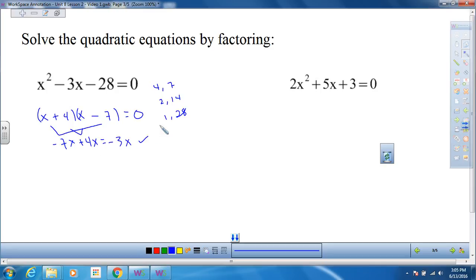Okay, so once we're there, to solve, I take my factors and I set each piece equal to 0, and solve. Over here, I have to subtract 4.